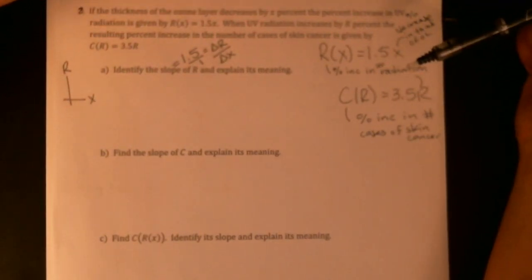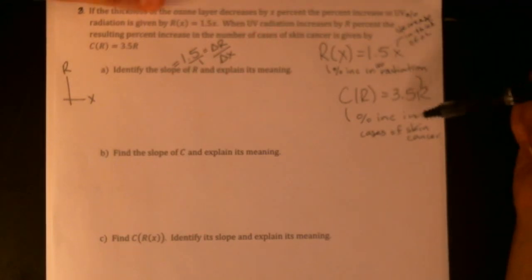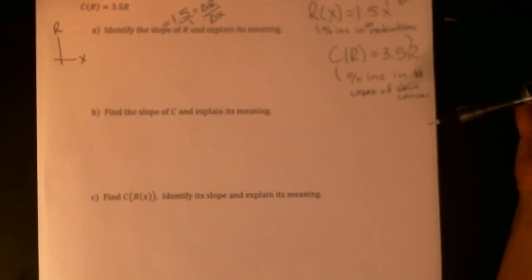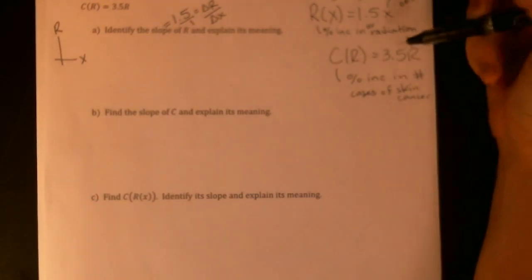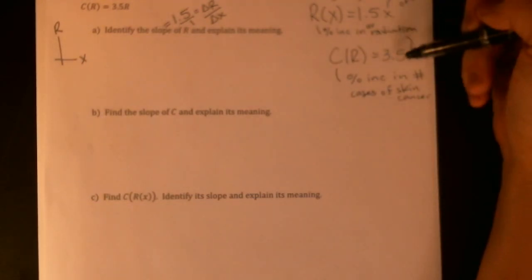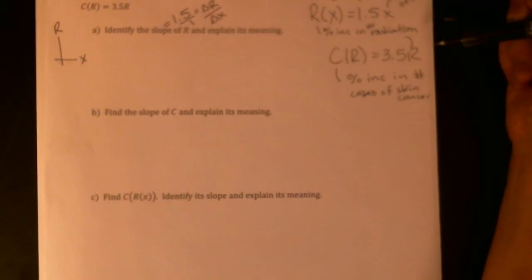The second part of this asks us to find the slope of C and explain its meaning. So C of R is equal to 3.5R. And once again, this is a linear function. The slope is 3.5 and the intercept is 0.